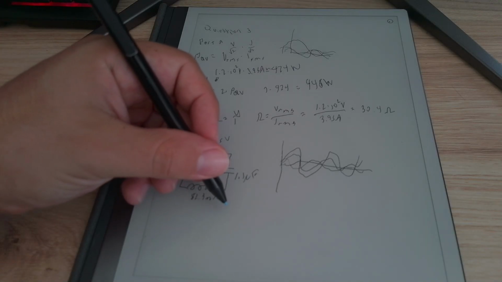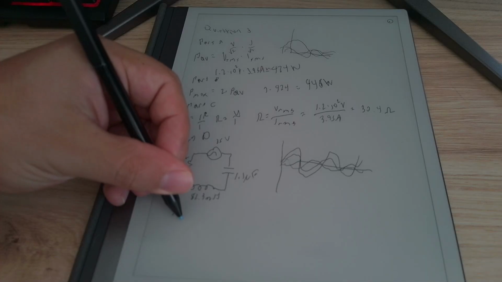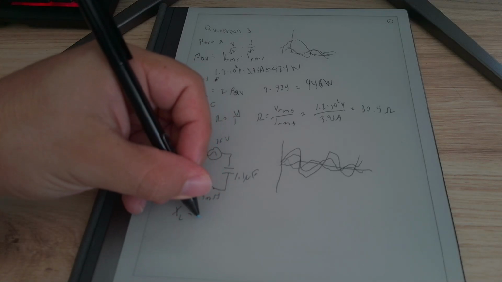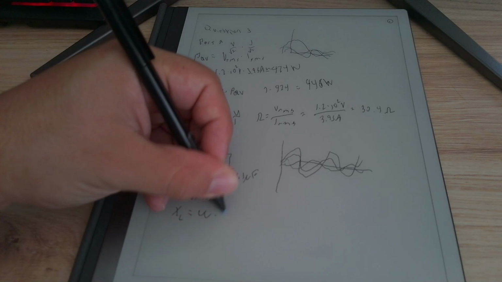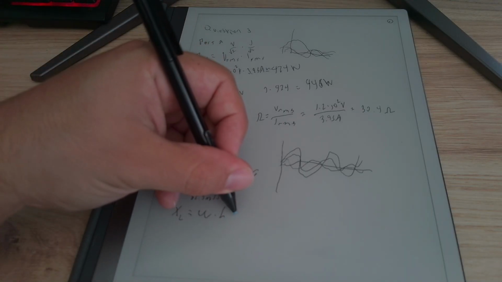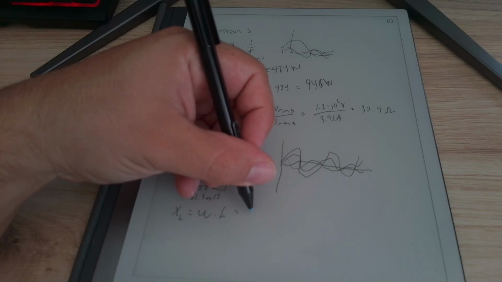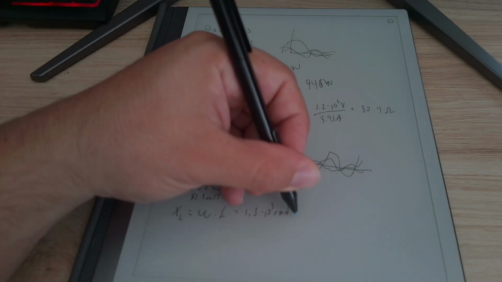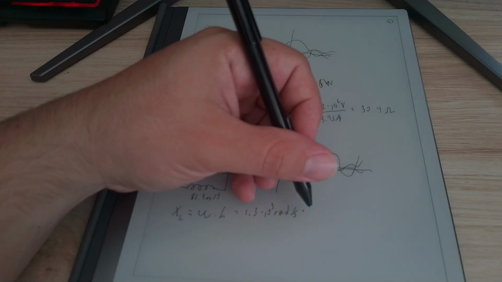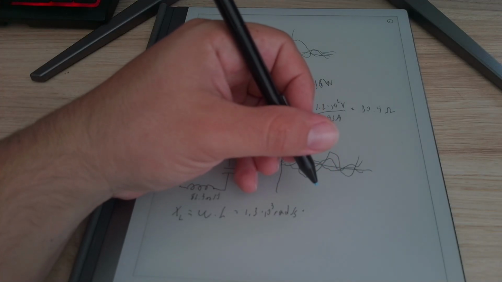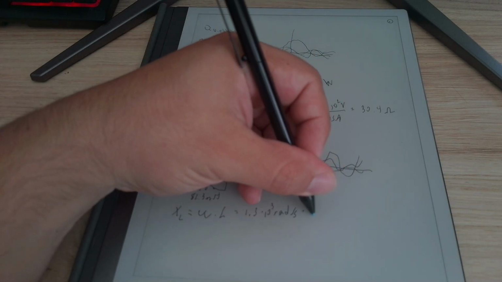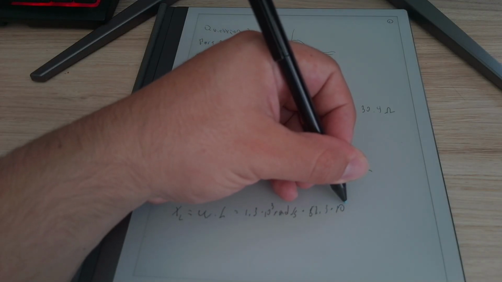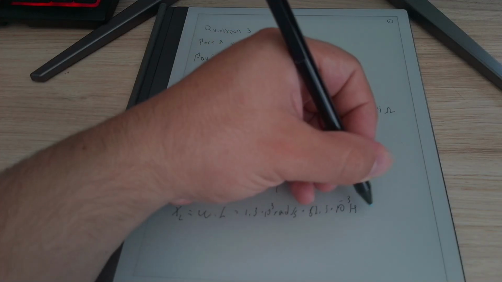For our first one, which would be our inductance, we find X of L, which is equal to our angular frequency multiplied by our inductance. Our angular frequency is given to us as 1.3 times 10 to the third radians per second, multiplied by our inductance, 82.3, and we're going to move it to 10 to the negative 3, just to make it normal henry.